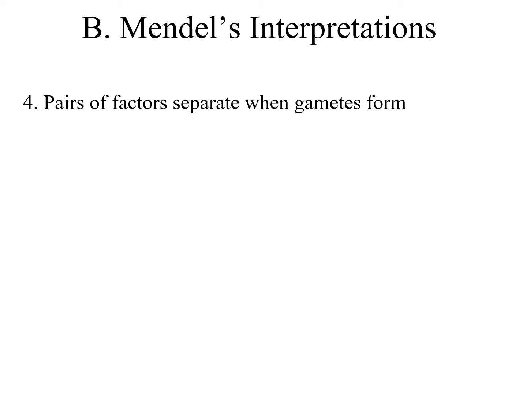Those pairs of factors separate or segregate so that the gametes are haploid. They only have one allele from each pair originally present in the parent.